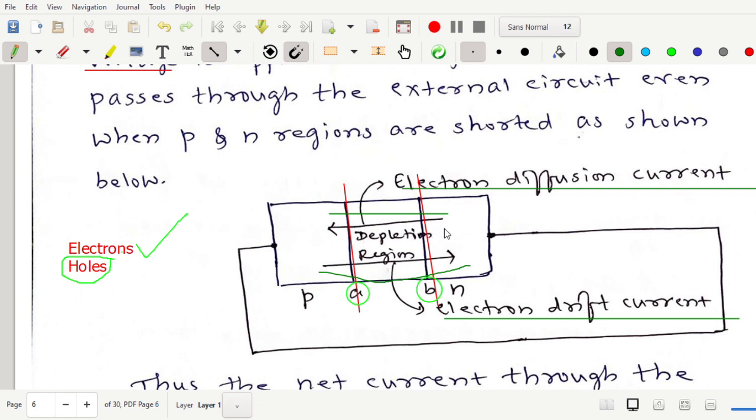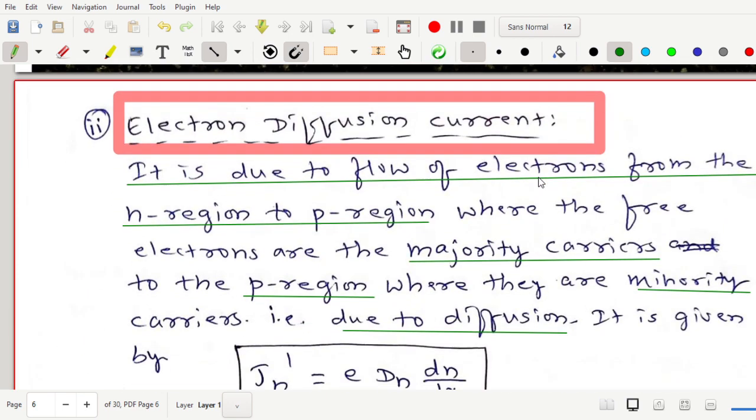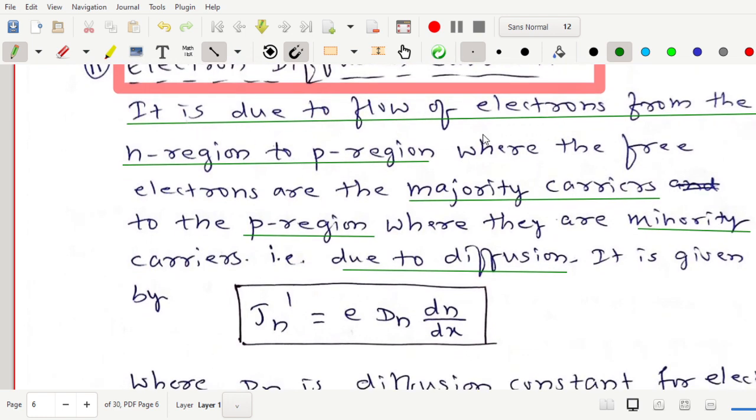So because of this movement of electrons from a region of higher concentration, that is from N type region, to a region of lower concentration, that is P type region, such kind of current is called electron diffusion current. It is due to flow of electrons from the N region to P region, where the free electrons are the majority carriers, to the P region where they are minority carriers. That is due to diffusion.